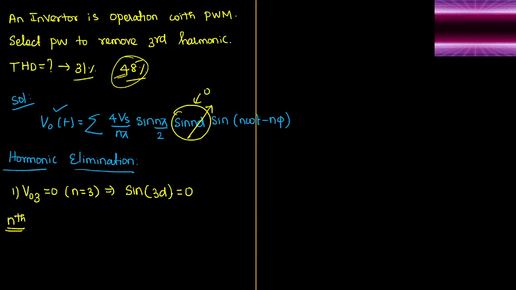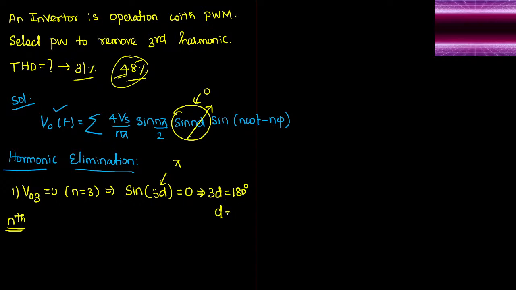How is it possible? Sine will be 0 for 180 degree, the minimum expected nonzero value. If the value of 3 times d becomes 180 degree, then the third harmonic will be 0.